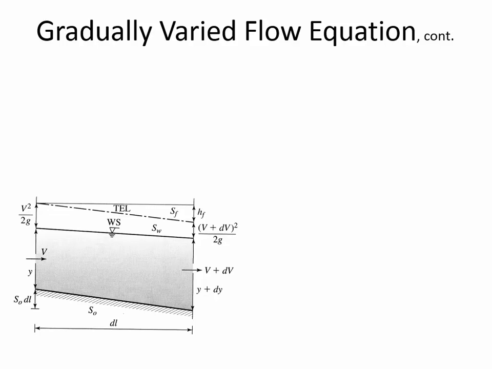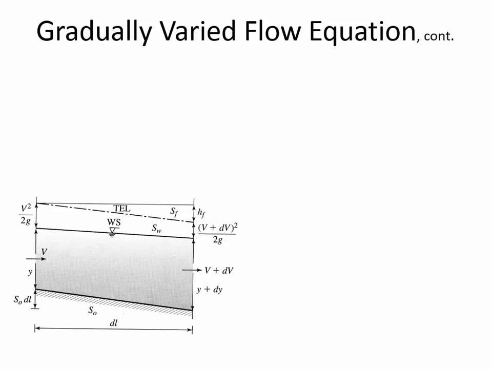So S sub f describes the slope of the energy grade line. S sub w describes the slope of the water surface. And then finally there's S naught, which is the slope of the channel bed. So those are the 3 slopes that we're going to be keeping track of in the process equation.